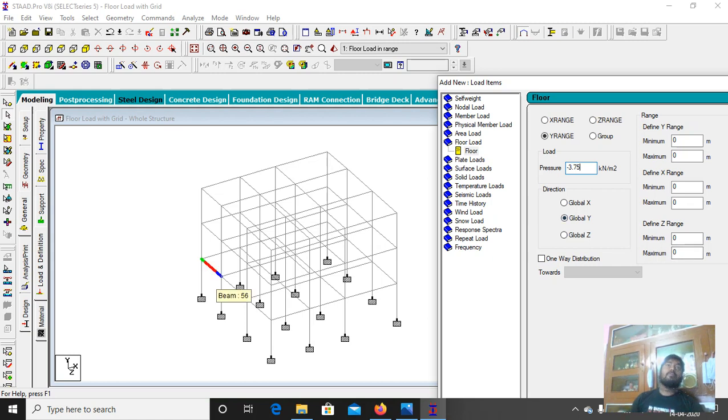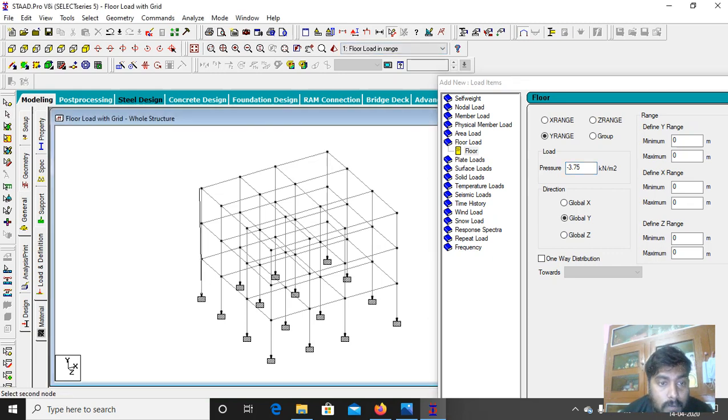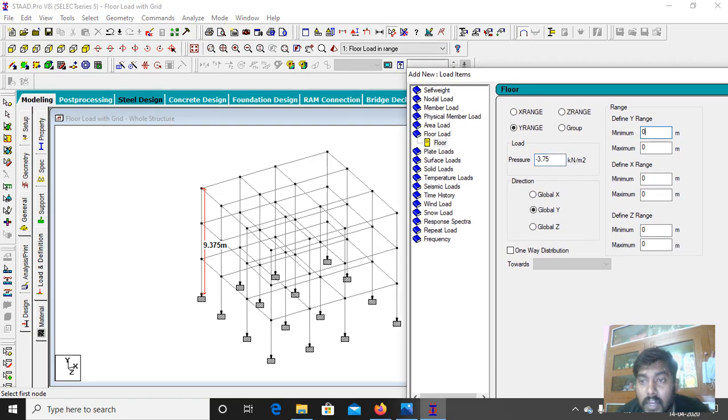Now the very important portion: in the y direction all these three floors will have the load. So what is the node to node distance in the y direction? 0 to 9.375. So minimum in the y direction is 0 and maximum in the y direction is 9.375. Why? That is the question.